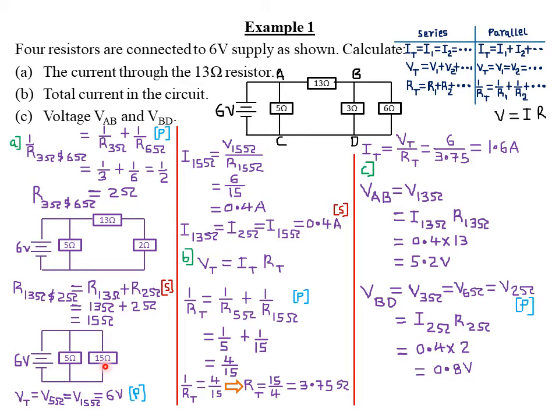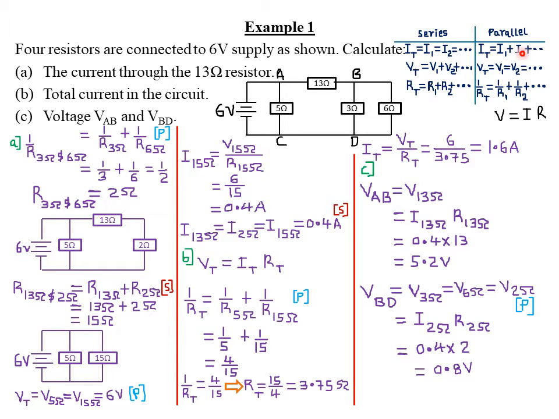So clearly you can see that the 5 ohm resistor and the 15 ohm resistor are in parallel with each other. If you have two resistors in such a way that the current flowing through them is different, it simply means that the resistors are in parallel with each other. Because if the current is different, it means I total is equal to I1 plus I2.